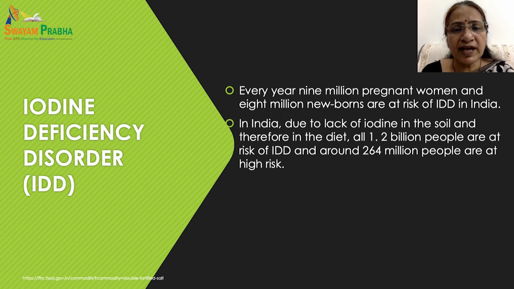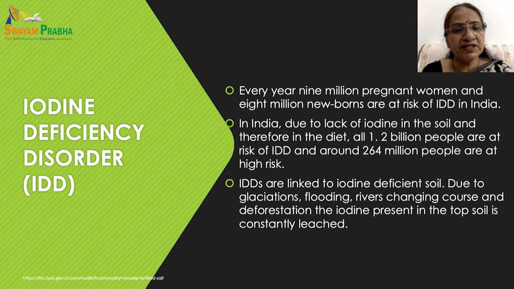In India, due to lack of iodine in the soil and therefore in the diet, all 1.2 billion people are at risk of iodine deficiency disorders and around 264 million people are at high risk. Iodine deficiency disorders are linked to iodine deficient soil due to glaciations, flooding, river changing course, and deforestation.